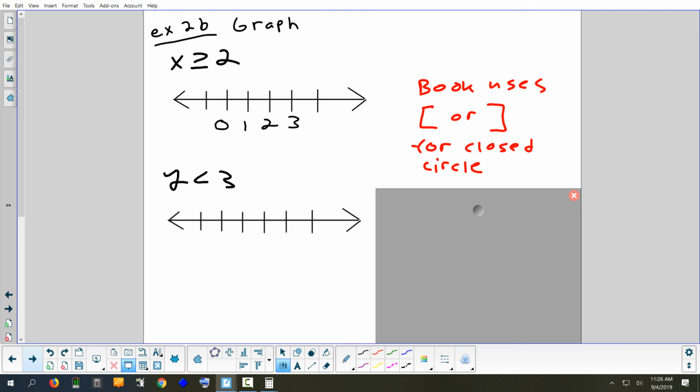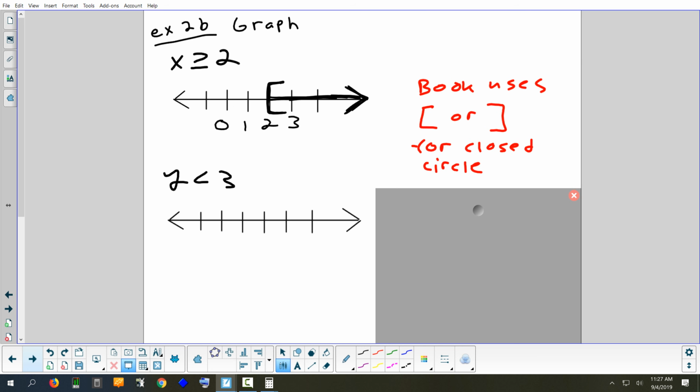So instead of a closed circle on 2, you put a bracket on 2. It's important, you have to think about which way the bracket faces. With a closed circle, you don't really have to do that. But the bracket is going to face the direction you're going to shade. So this is how you would do this one.